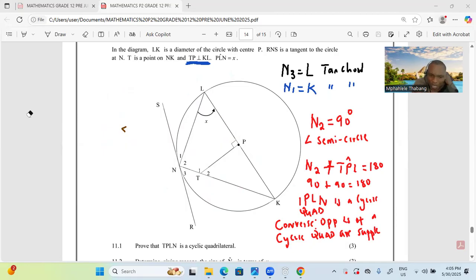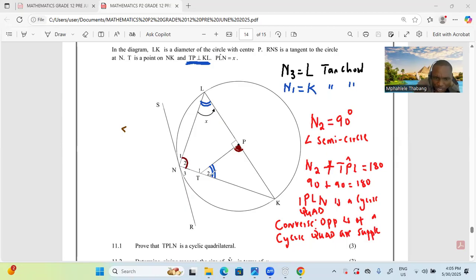You can automatically say the angle LT2 is equal to the angle X. And you can now also say the angle P, which is this one outside here, is equal to N2. I'm going to explain why I am saying this.